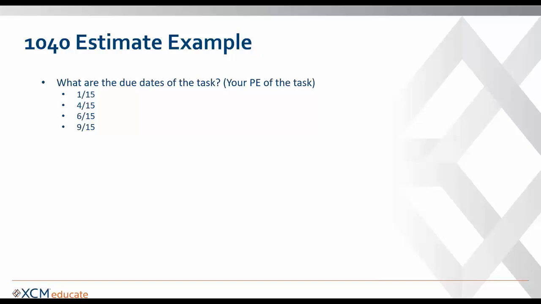So the way we set up recurring tasks in XCM, we're going to use today this example of estimated payments, right? So we all know that estimates aren't due on a quarterly basis. They're due 1/15, then a couple months later they're due 4/15, then 2 months later they're due June 15th, and then September 15th.